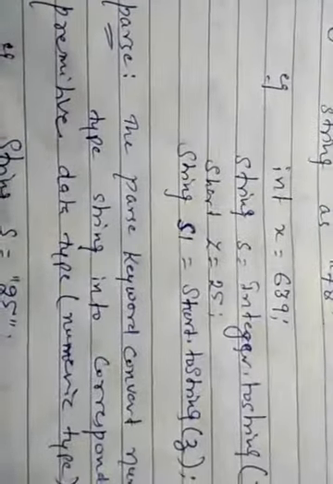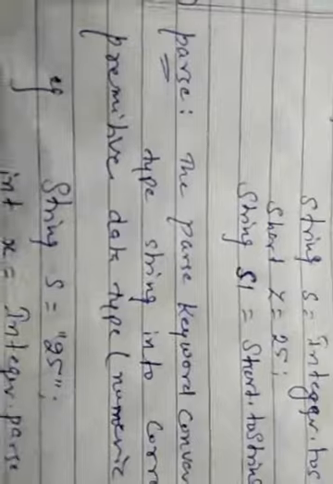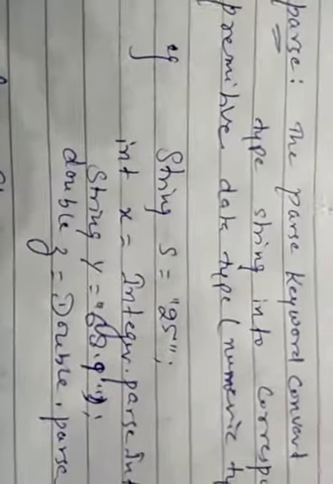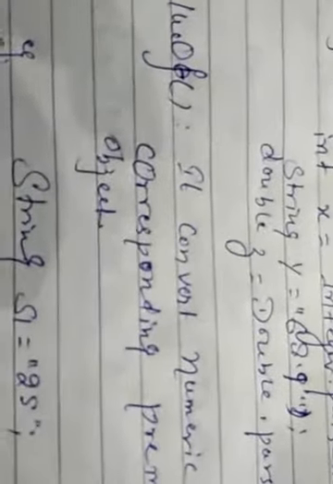So in total there are three functions. First one is toString, which is used to convert any numeric value into string type, whereas the parse keyword is used to convert a string data into a primitive data type. And the third category is valueOf, which is used to convert a numeric string into a primitive type object.